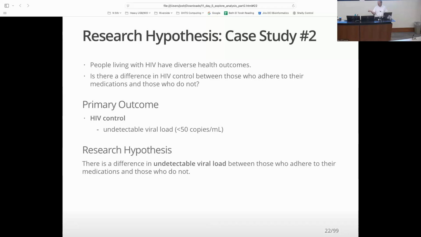Now that I look at that, I might phrase it differently, more like the way other people phrased it: people who adhere to their medications would be more likely to have undetectable viral loads, because mine's a little bit wishy-washy.